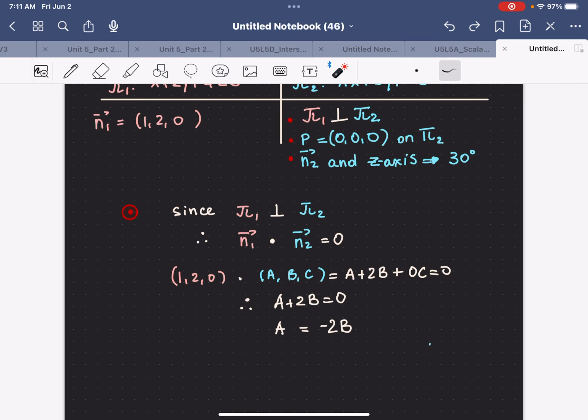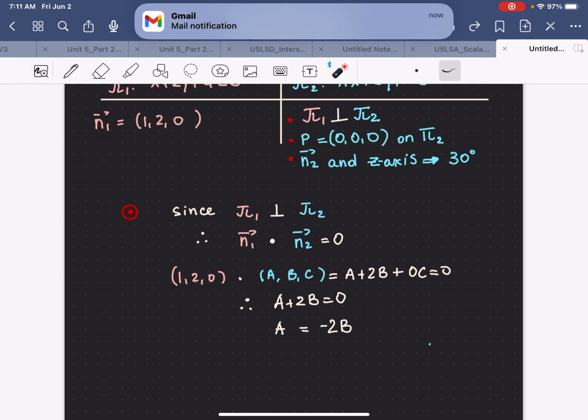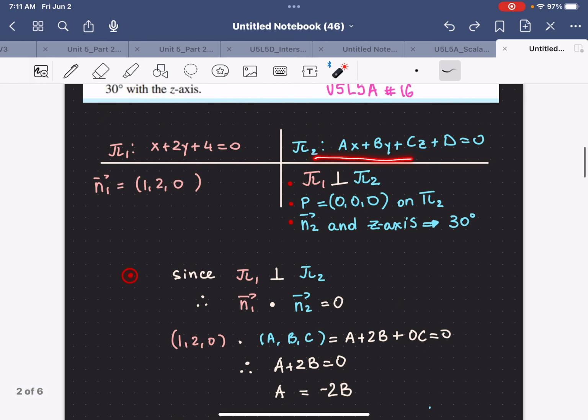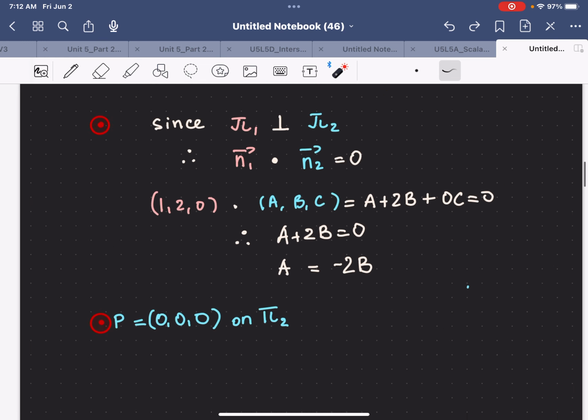So we're going to take a look at the second piece of information. There is a point with coordinate 0, 0, 0 on plane pi 2. What that means is that since the point P with coordinate 0, 0, 0 is on pi 2, then x equals 0, y equals 0, z equals 0 must satisfy the equation of plane pi 2.